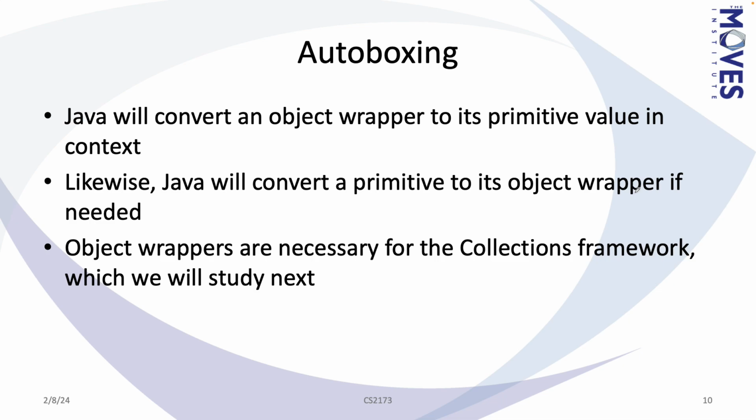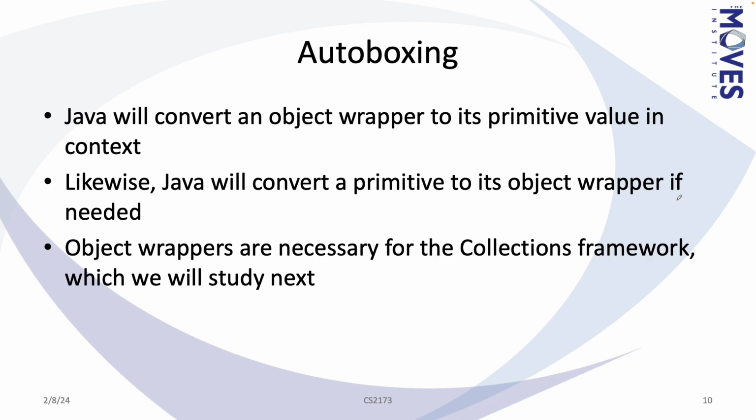So under the hood, I'll unwrap them, do the calculation, and then assign it to a variable which is either a primitive or an object wrapper. Likewise, if I'm doing a calculation and I want to put it into an object wrapper in context, it will do it under the hood for me. So it'll look like I'm doing that.